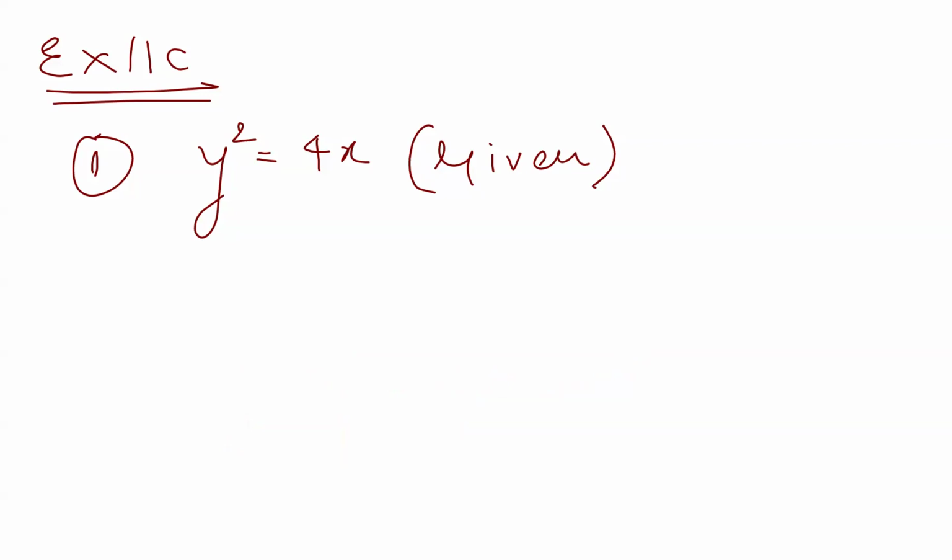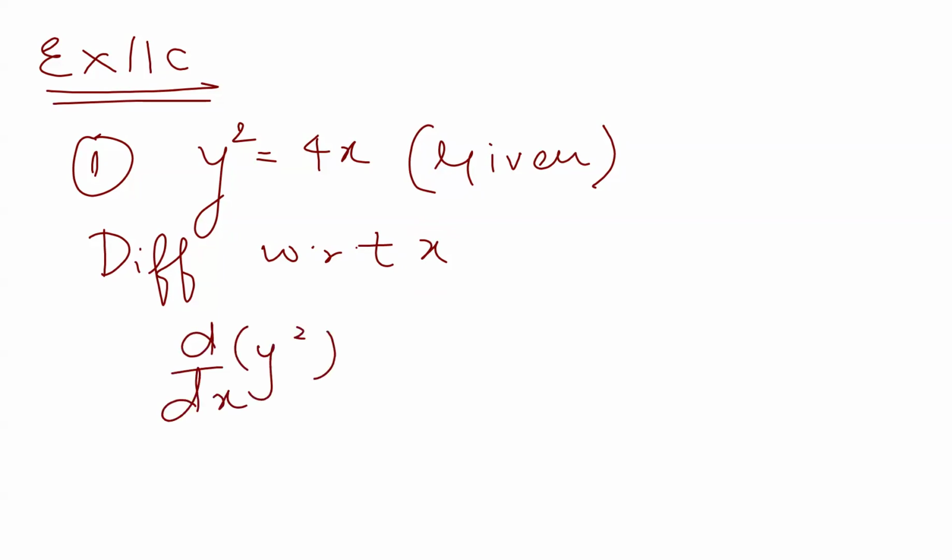So since y is changing with respect to x, we will differentiate both the sides with respect to x. Why with respect to x? Because the value y is changing with respect to x. Differentiation of the given equation with respect to x means taking the derivative on both the sides. d by dx of y square, d by dx of 4x.